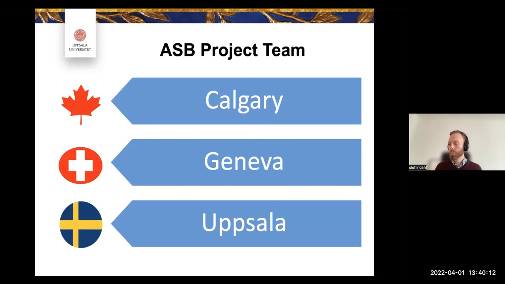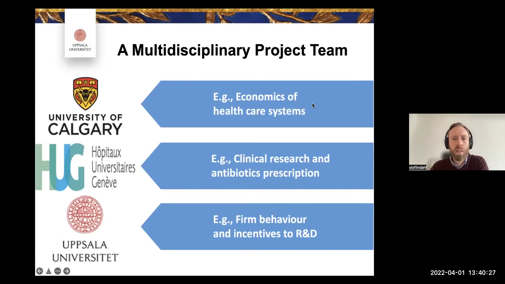Well, the ASB project team is researchers from University of Calgary in Canada, University Hospital of Geneva in Switzerland, and Uppsala University here in Sweden. But we're not only an international team, we're also a multidisciplinary team, where although we focus on the challenges facing firms and how stewardship could be improved, we come from slightly different backgrounds.